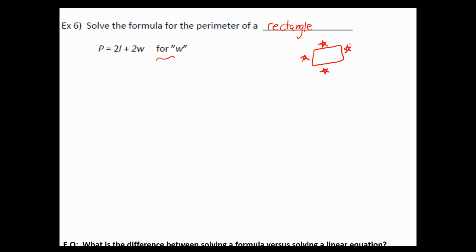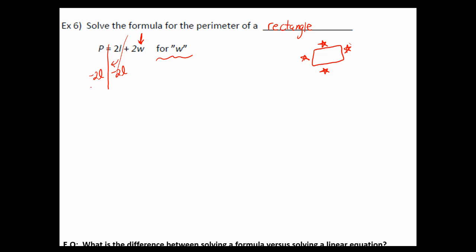Okay, so read your directions, solve for W. So I need to isolate this item. I need to get this item alone, so I have to pop this over. So I'm going to subtract 2 L's. It's best to use a cursive L here. So 2 L's minus 2 L's would cancel.